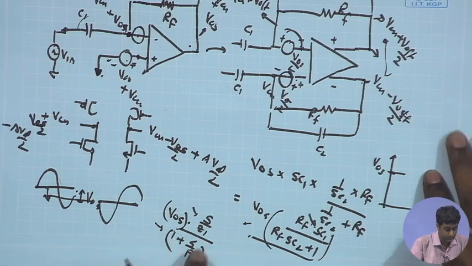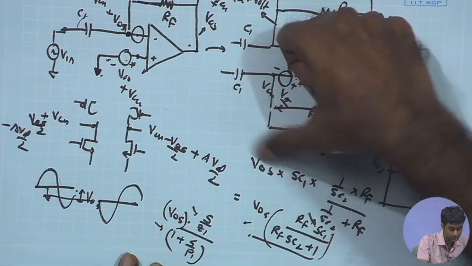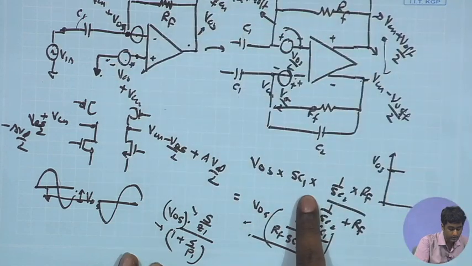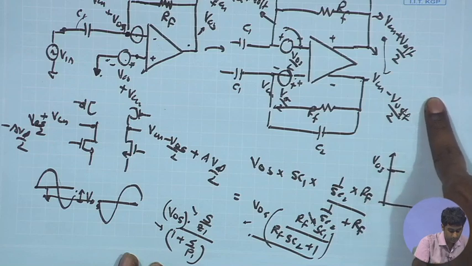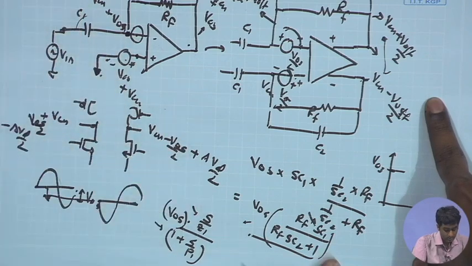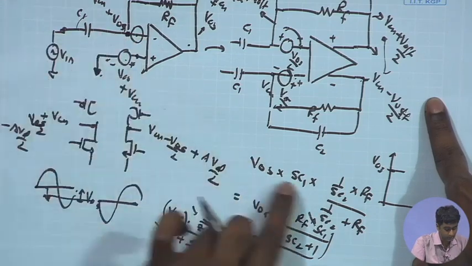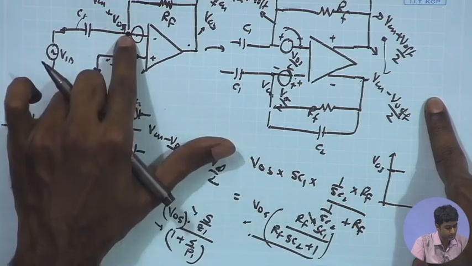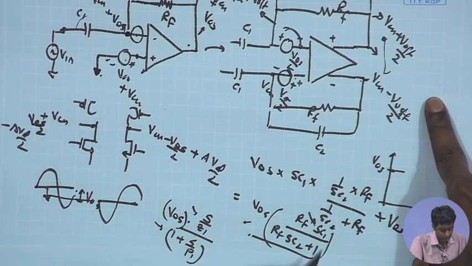But what is going on? Let me check this. Why is this transfer function coming? So, if I see the V offset over here, and the potential over here is V offset times SC1, this is the current, and then you have the V offset plus this.